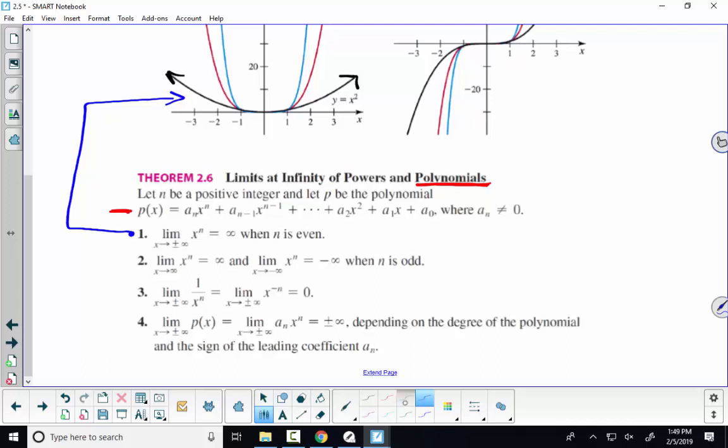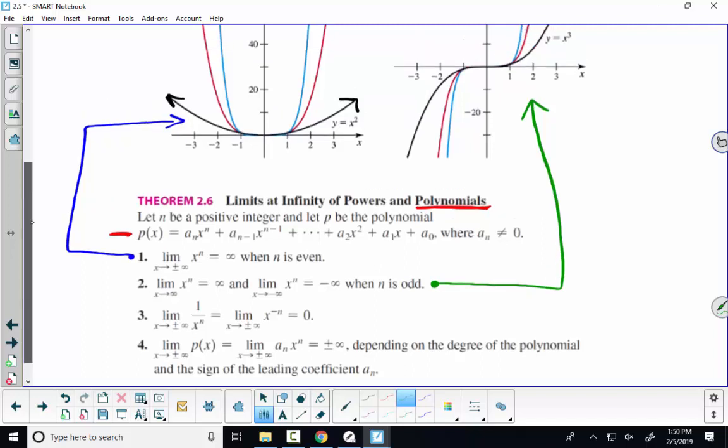The second statement is now dealing with a leading coefficient, or a leading term, whose degree is odd. And that second statement visually is described here with all of our odd powers. Is everybody clear on that?